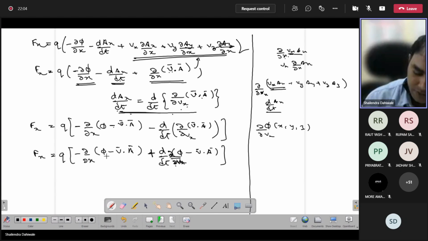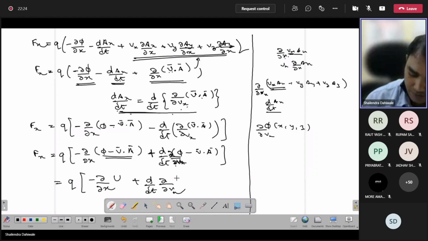Now this you can write as your potential. In final form, you can write this as minus del x of U plus d/dt of del Vx of U, where your U is phi minus v dot A, and you can put q as one.